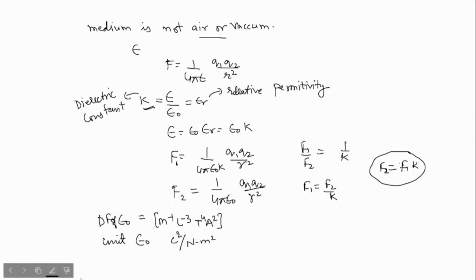Now we are going to see Coulomb's law in vector form. Let's say this is a point A where a charge is kept, and this is a point P. So q1 charge is here and q2 charge is here, and the distance between them is, let's say, r.